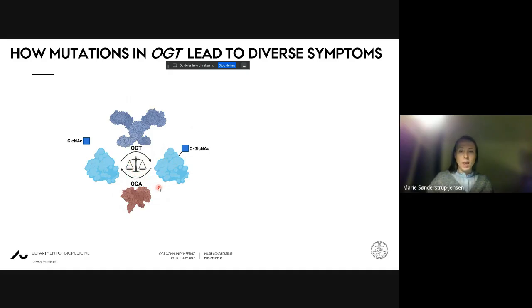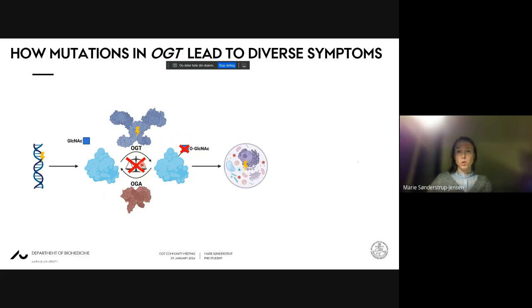So what happens when the OGT gene is mutated? Well, it affects both the protein itself, but it also affects the proteins that OGT can modify with this sugar. And it can even affect this tightly regulated balance between OGT and OGA.